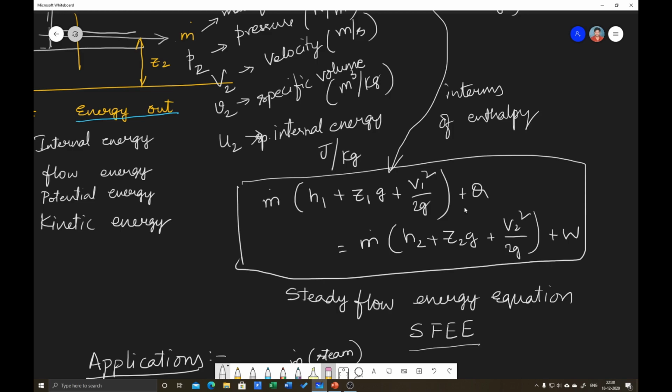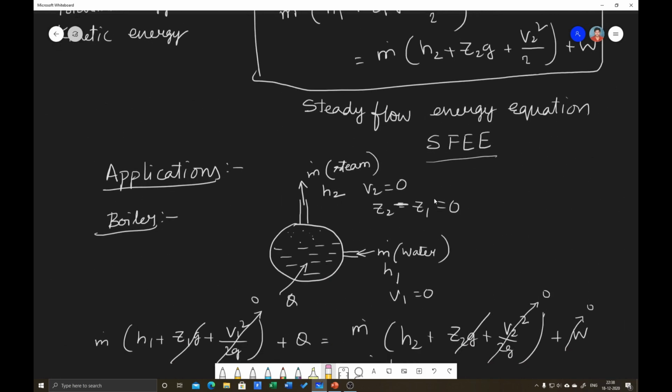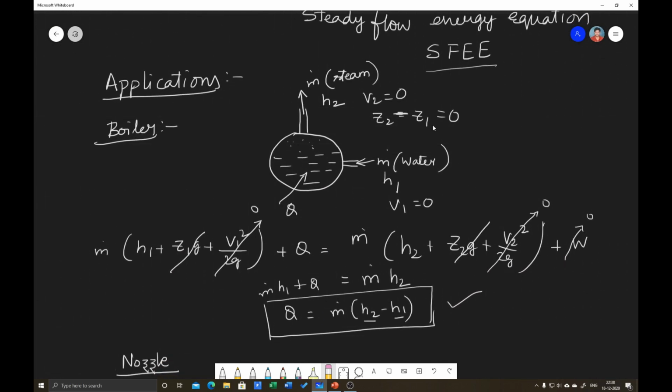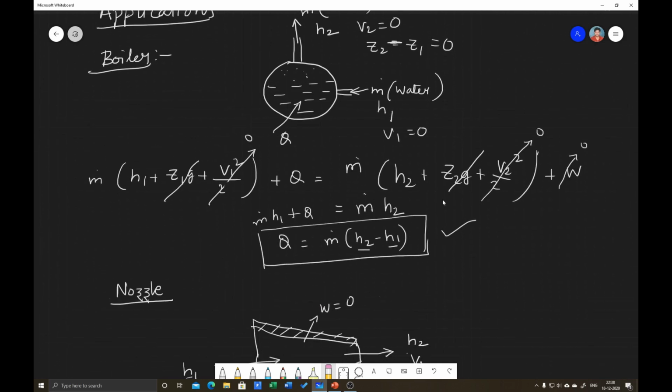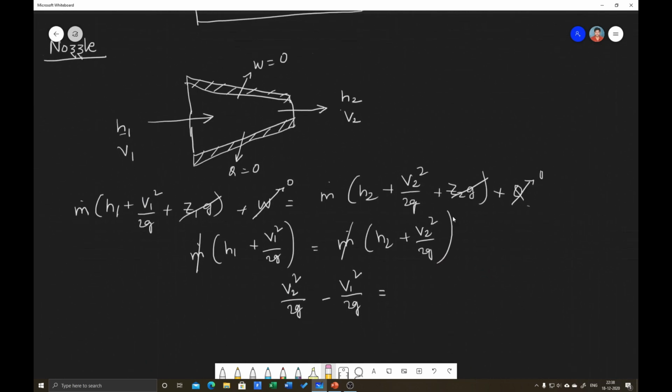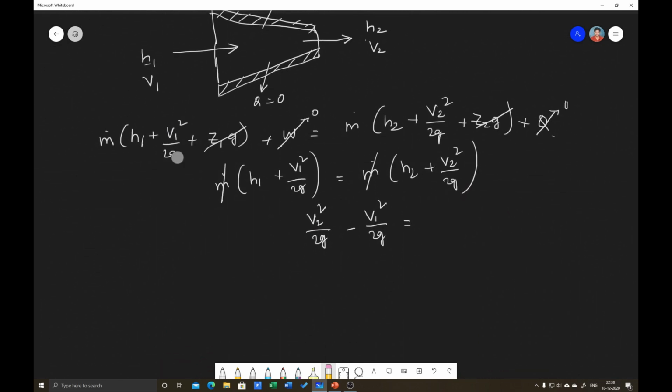Here, actually, the formula for kinetic energy is half m v square. There won't be any g in this, and also in the velocity part there won't be any g, only half m v square. So only v1 square by 2 and v2 square by 2. Here also there won't be any g.